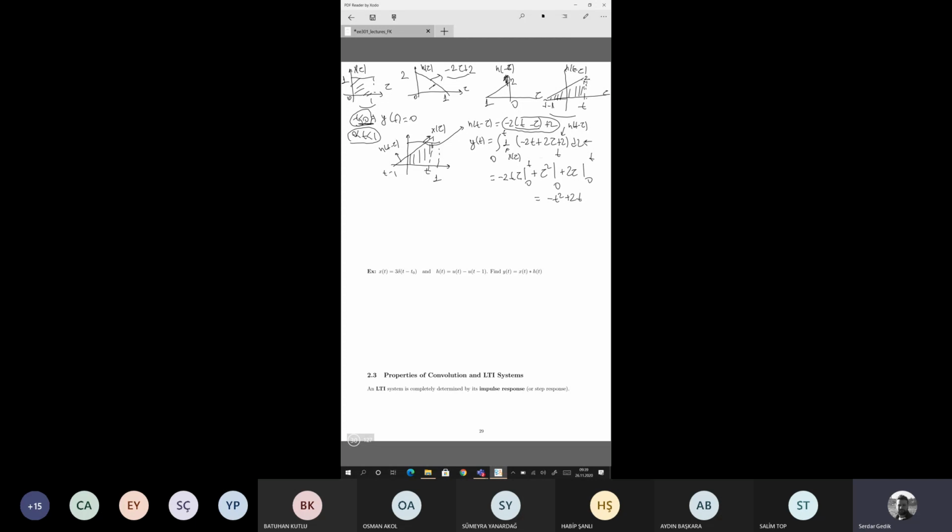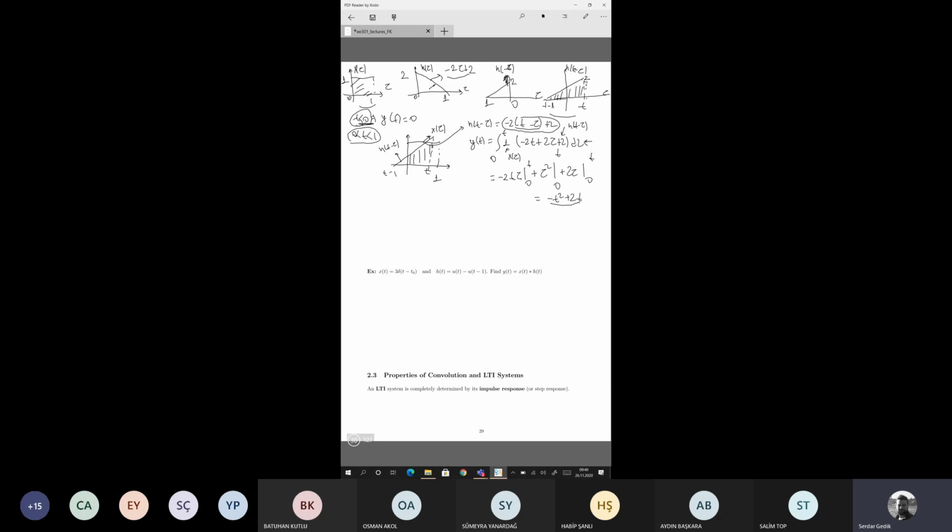Minus 2t has the integral of minus 2t tau, 2 tau has integral tau squared, 2 has integral 2 tau. I'm integrating with respect to tau, so t is constant. So this is my y of t for the interval from 0 to 1.